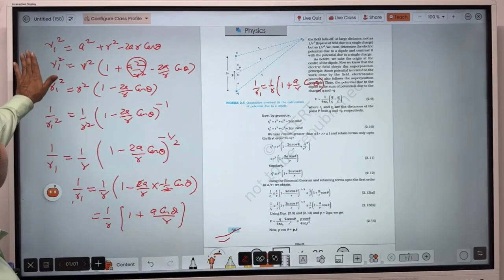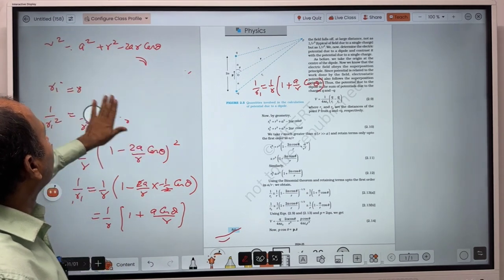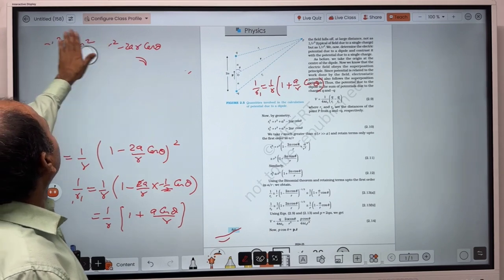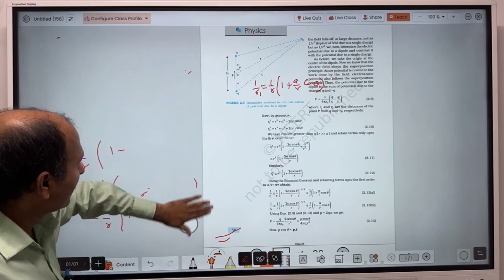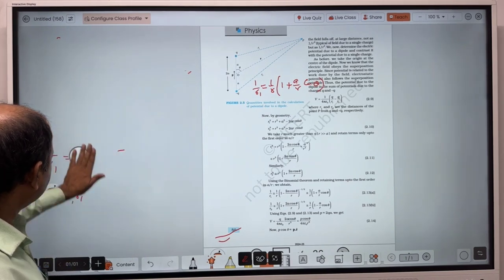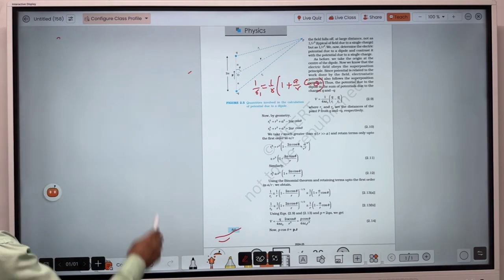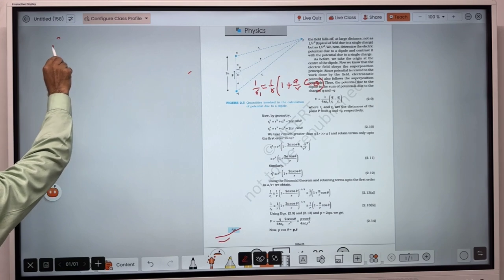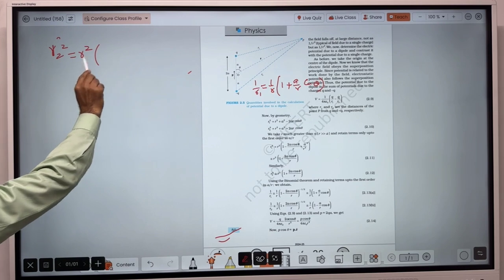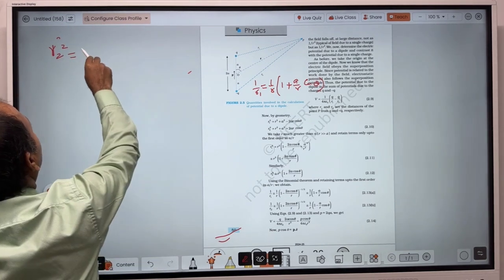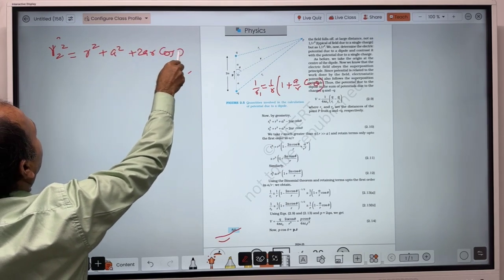Now our next work is to find the value of 1 upon r2. As I told you, in case of r2, there is a positive sign in the RHS also, so we are going to analyze it also. So what happens? r2 square is r square plus a square plus 2ar cos theta.